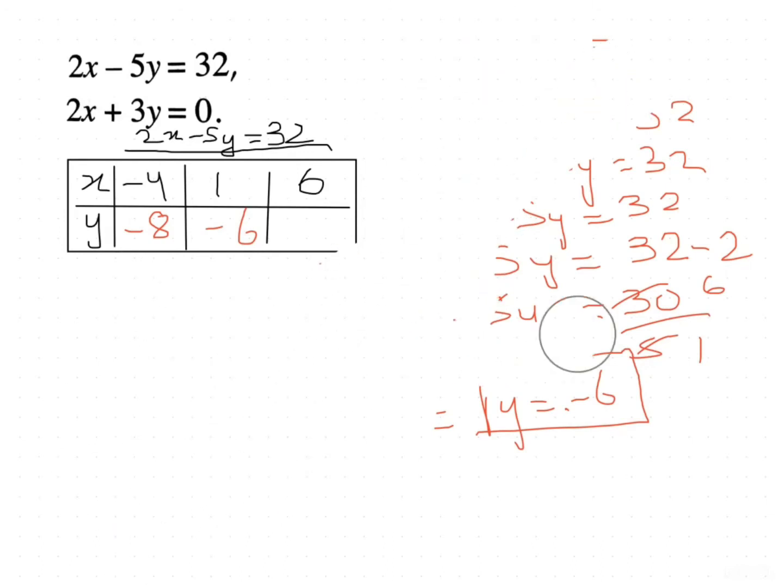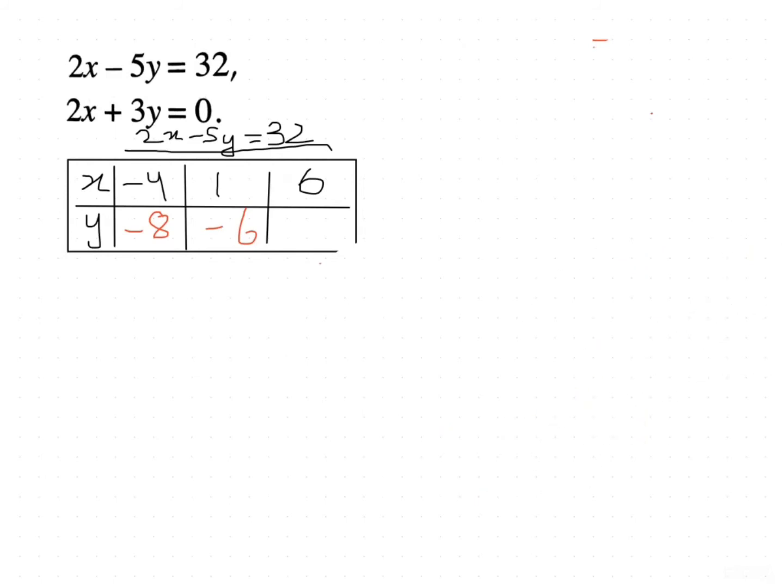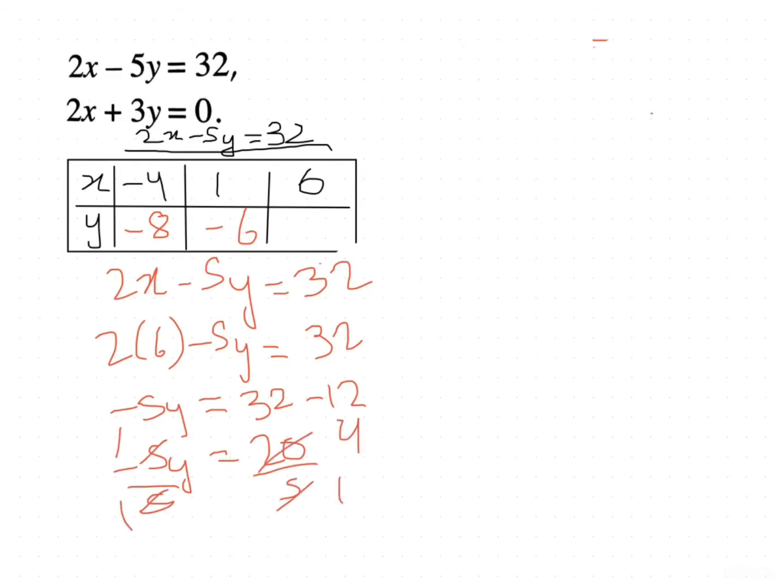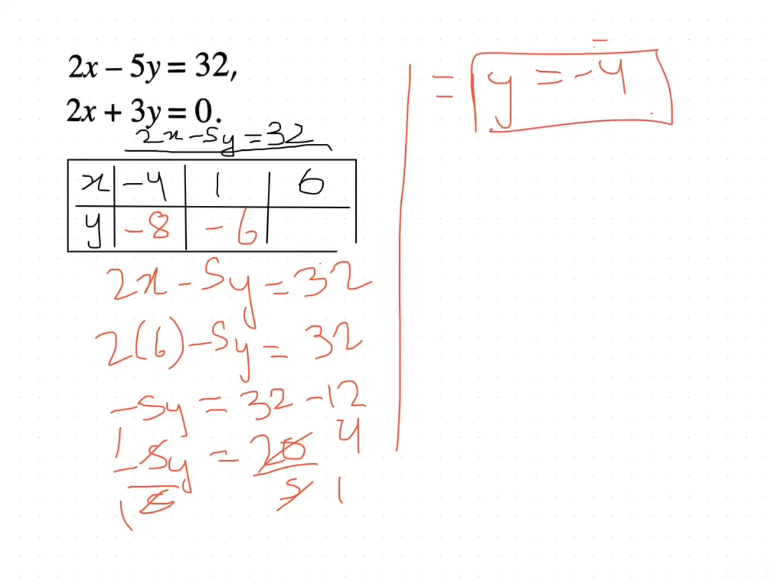When x is equal to 6, let's find y and put it in the equation. 2x minus 5y equals 32. 2 times 6 is 12, so 12 minus 5y equals 32. Then minus 5y equals 32 minus 12, which is 20. So we got our value of y. It's -4.